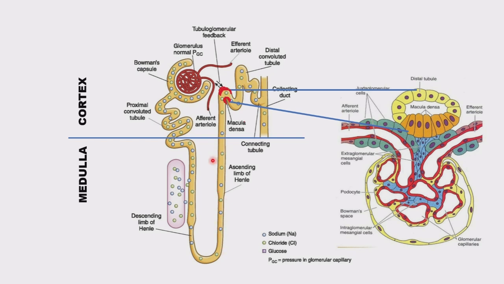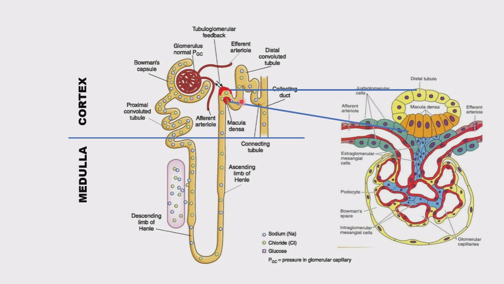But for the ascending limb, as it moves toward the cortex, its wall thickens, thus sometimes called the thick segment of the ascending limb. Then, at the end of this thick ascending limb lies specialized epithelial cells known as macula densa. These cells have a very important role in regulating your nephron function. We will discuss in specific detail in just a moment.